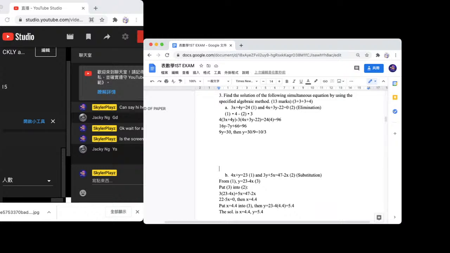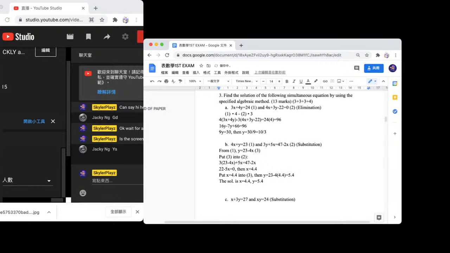After we get the y, we need to substitute the value of y into equation 2. It is your choice to substitute into 1 or 2. For me, I choose 2 because the fraction can cancel. Put y equals 10 divided by 3 into equation 2.